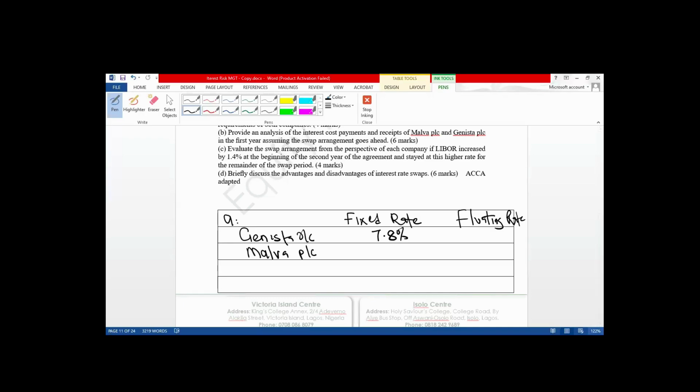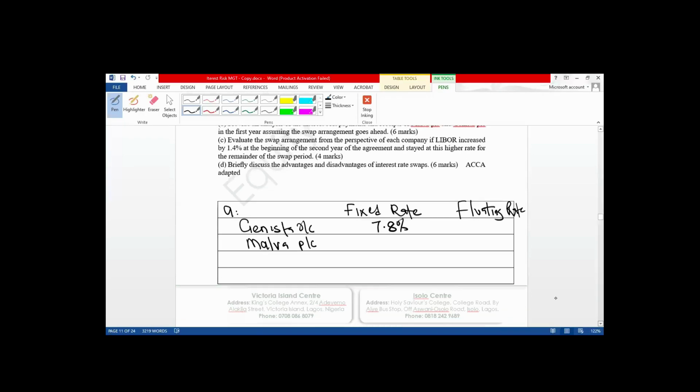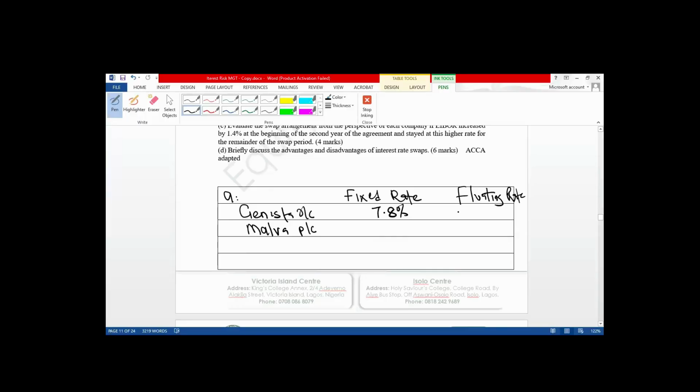What I was trying to achieve is to solve two questions. What is the floating rate of Genista? LIBOR plus 1.2%. Move to MAVA. The fixed rate of MAVA, 6.0. Floating rate of MAVA, LIBOR plus 0.5.